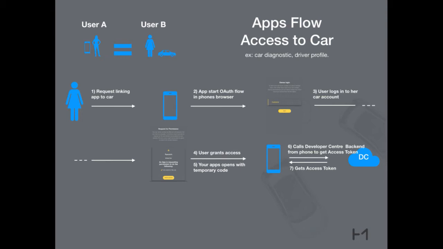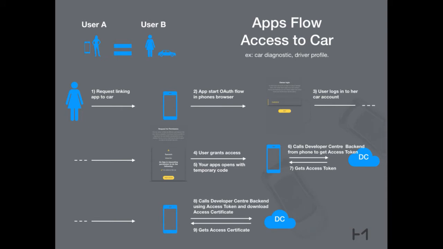After the user approves by clicking to grant access, we will redirect the user back to your application, and in your application you can call our backend servers, Developer Center, to get the access token back. The access token is something you can use for creating the certificate to access the car.